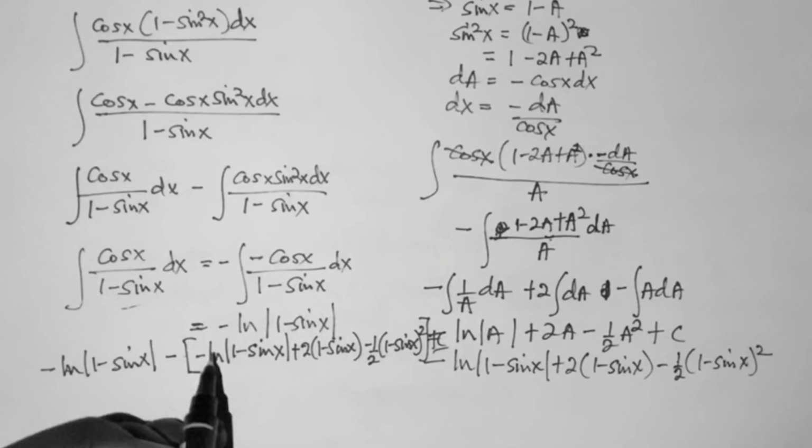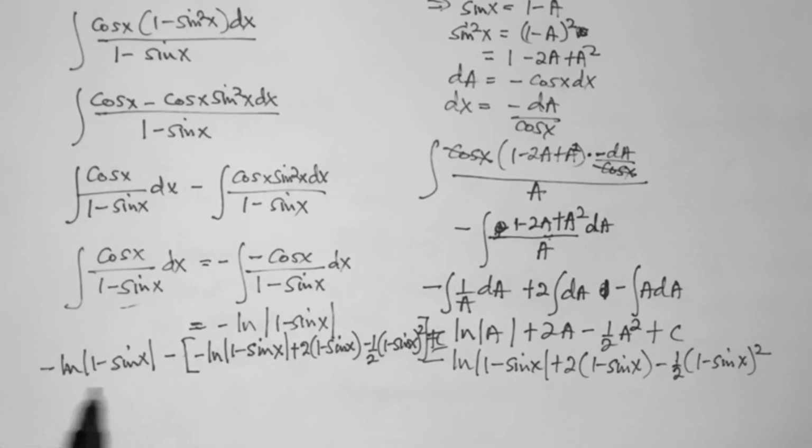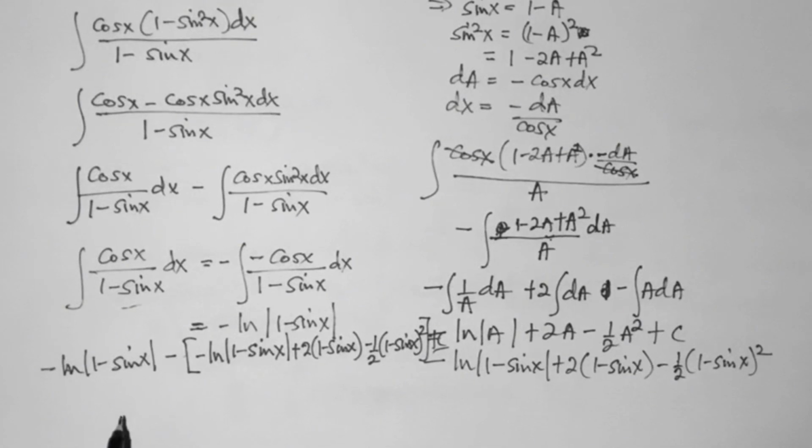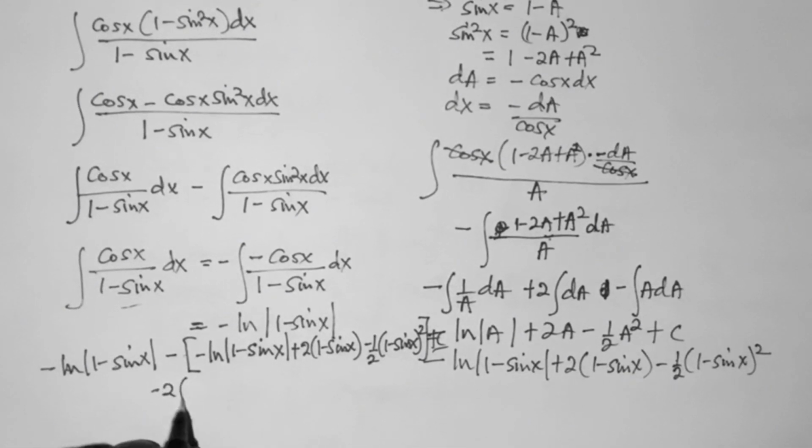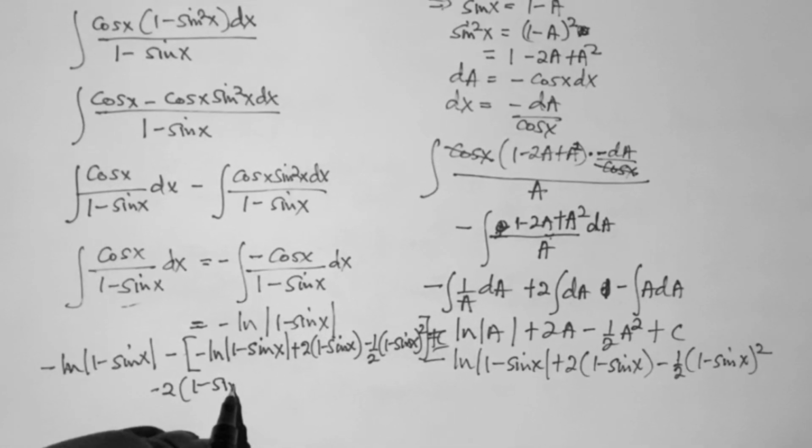So the minus becomes plus, and then there's a minus here, so this aspect goes to 0. We are going to be left with minus 2 times 1 minus sine x.